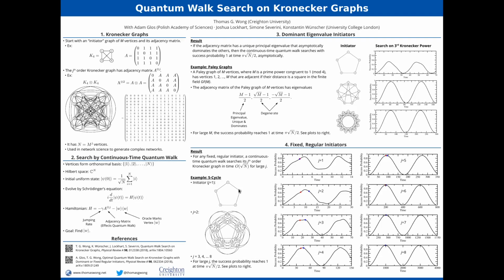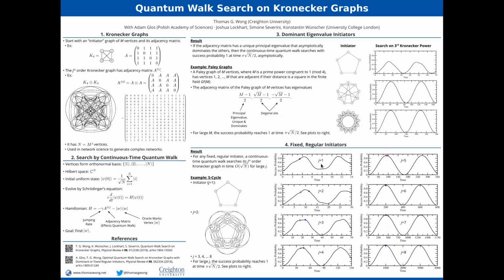And we're going to leave this alone as our initiator, and we're going to search on higher and higher Kronecker orders. So we're going to search on the second order Kronecker graph generated by this. So this is just the 5 cycle Kronecker with itself, and you get this graph. Then we search on the third order and fourth order, all the way through 8th order and as big as you want. And so we plotted that here.